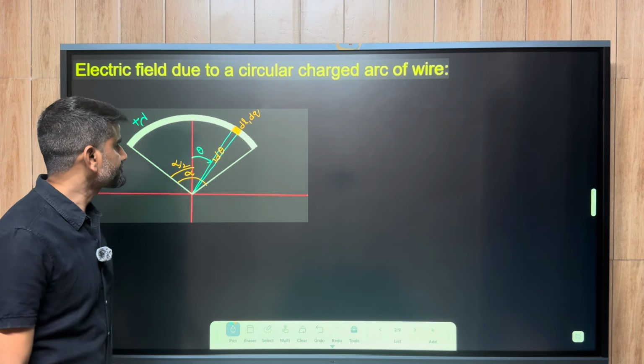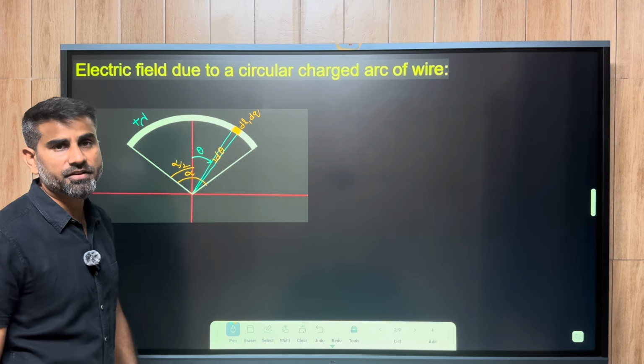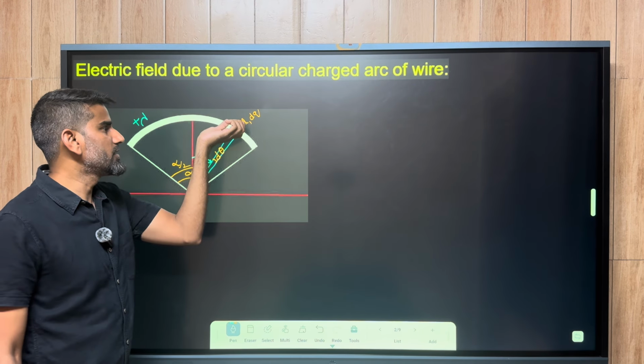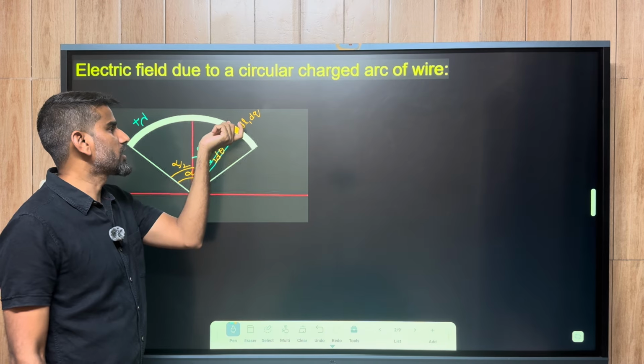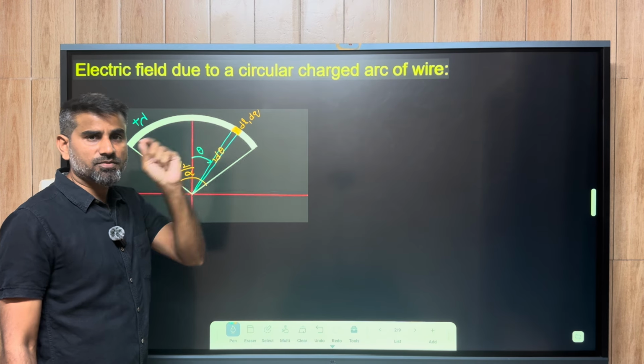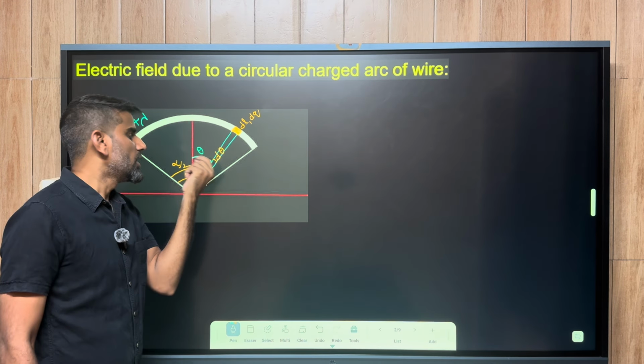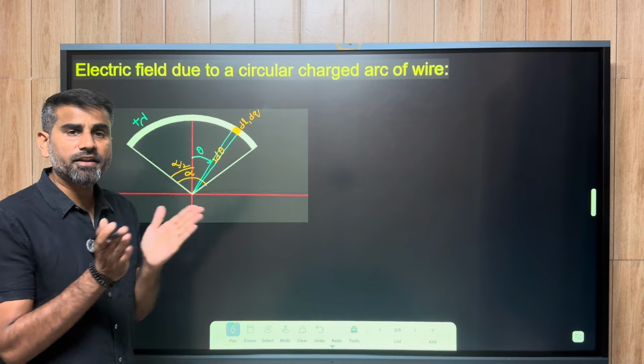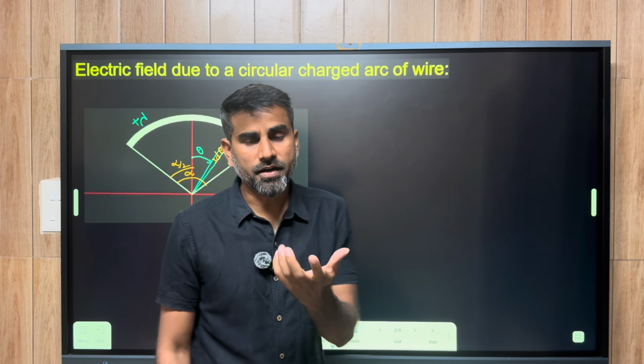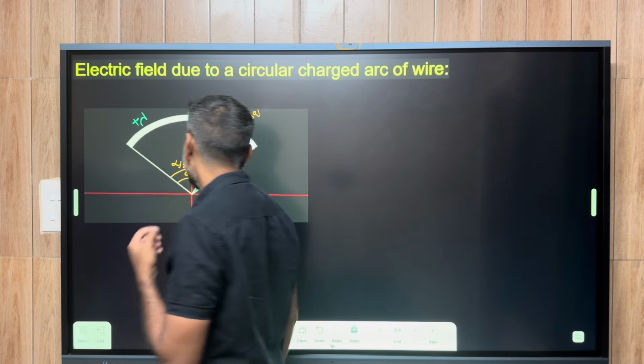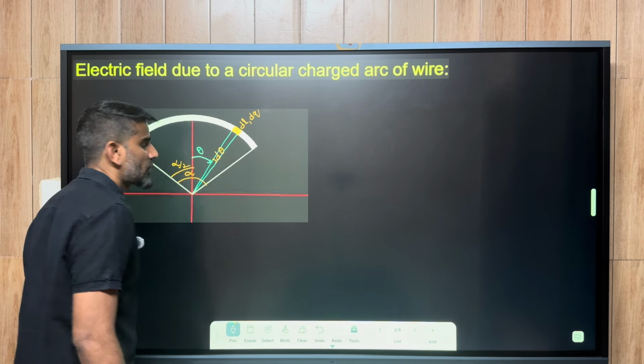The small element that I have considered has a small arc length dl. The charge on that tiny arc is dq, and this d theta is the angle extended by the small arc.